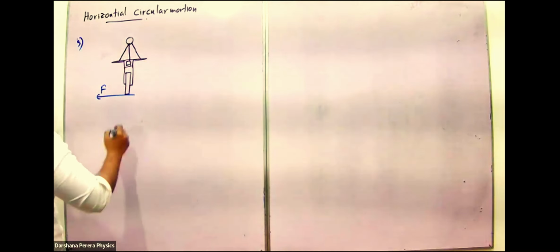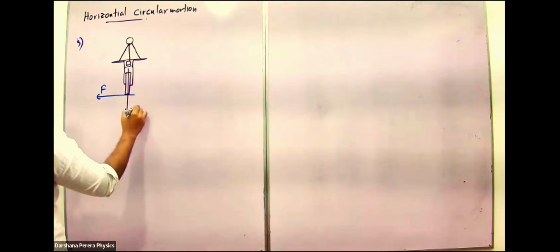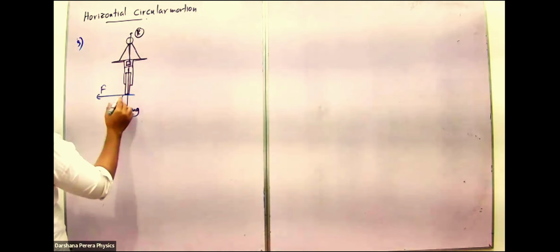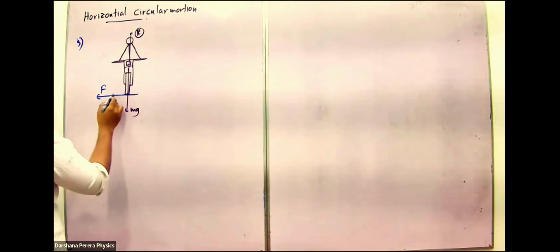Why? We cannot take the bends like this because there is a friction force acting along this direction when we take the bend, and there is mg and the reaction force coming from the floor.